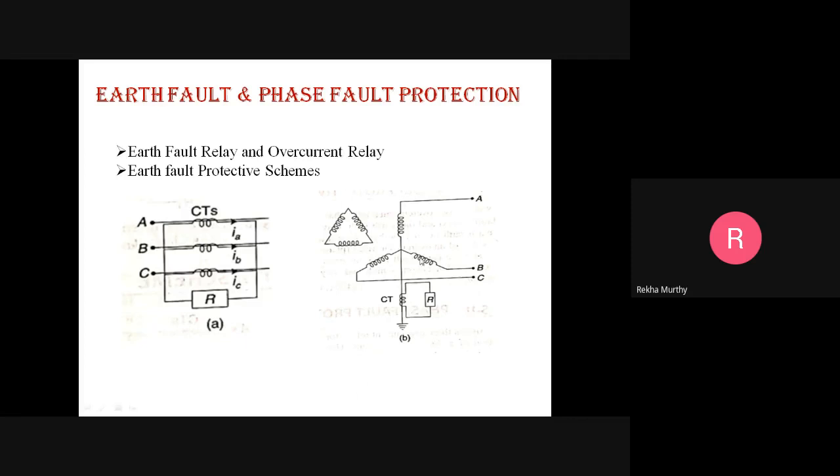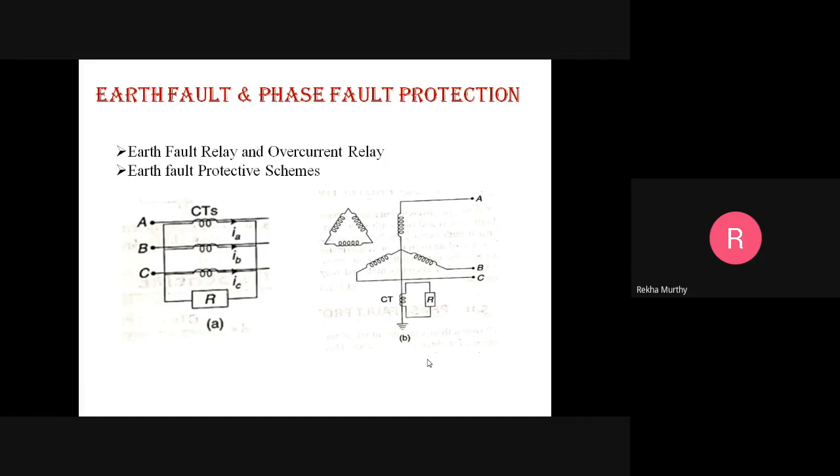This part of the circuit indicates the earth fault relay, mainly used for the protection of the transformer as well as the alternator.